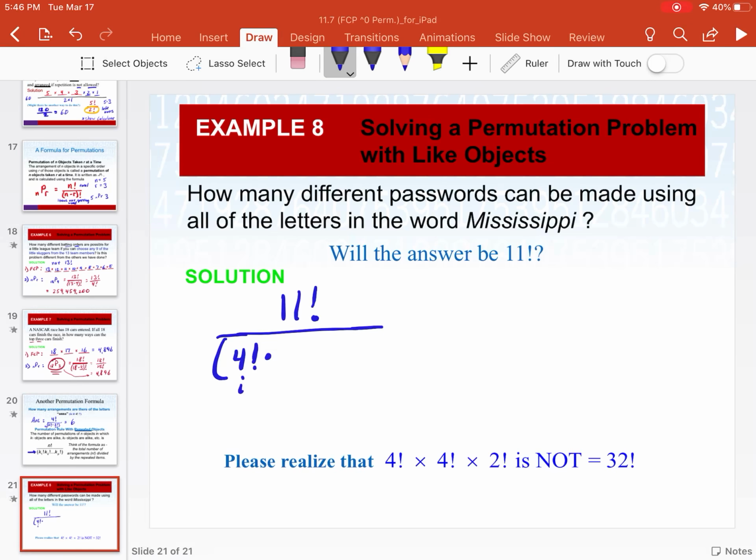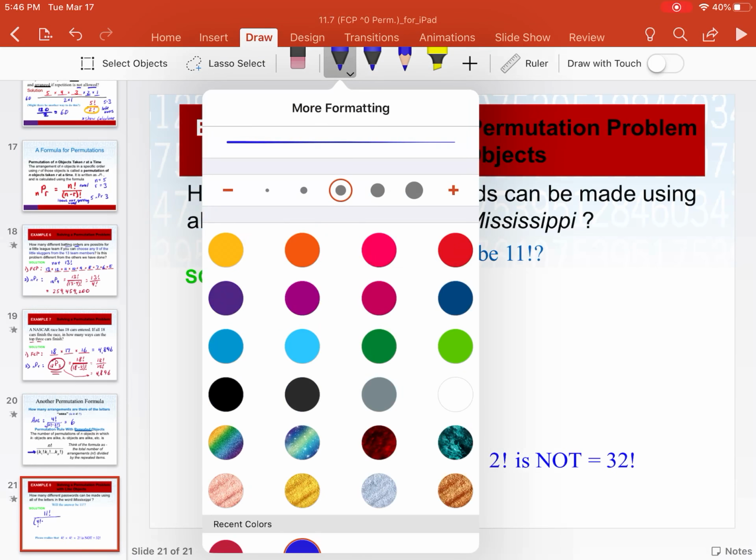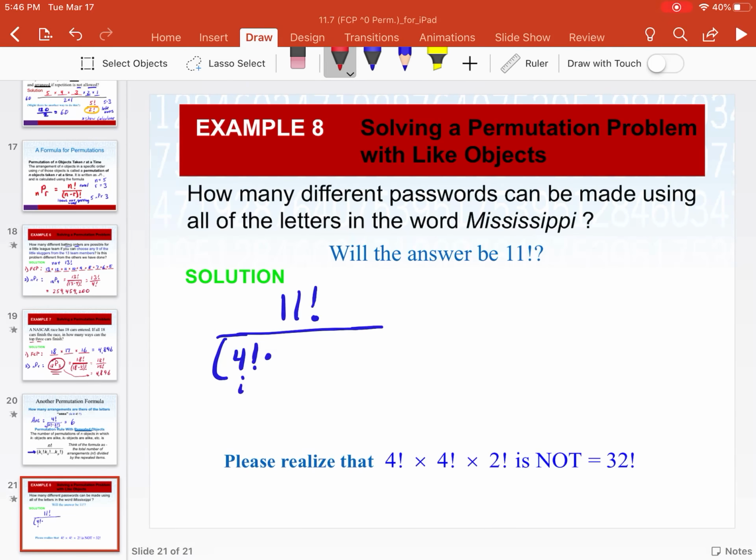Now that's not the only place. I've also got S's. I've got 4 S's. Okay. And I've got 2 P's.